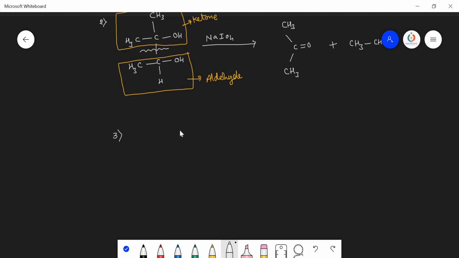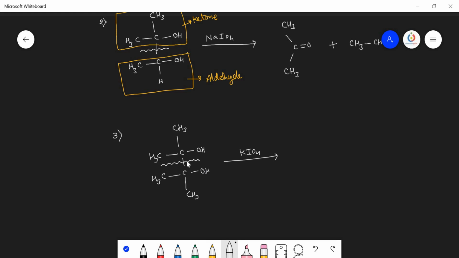Third one: you take all methyl groups. The OH-bearing carbon atoms do not have any hydrogen, only OH groups are present. Now you take KIO4. I am just taking different examples with different reagents.